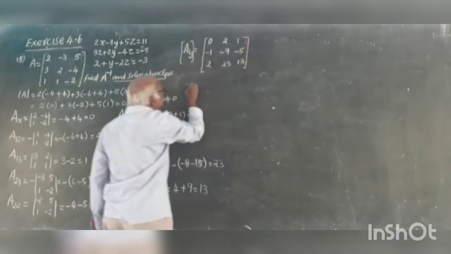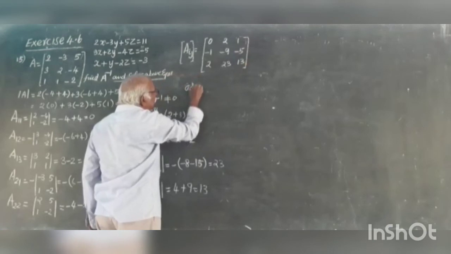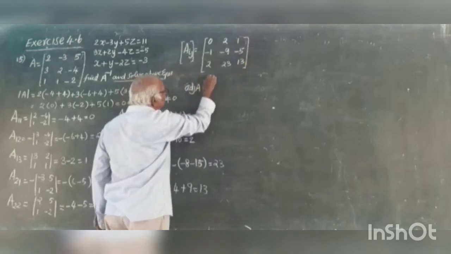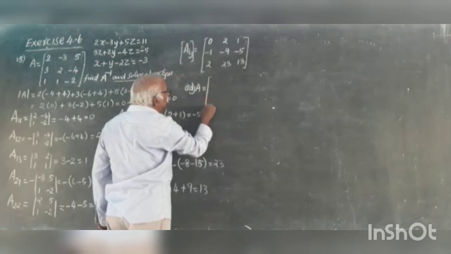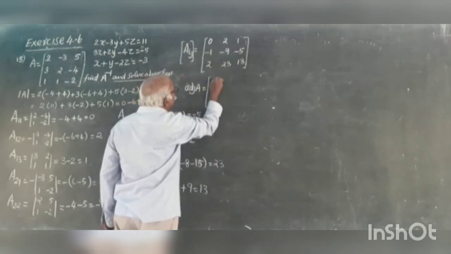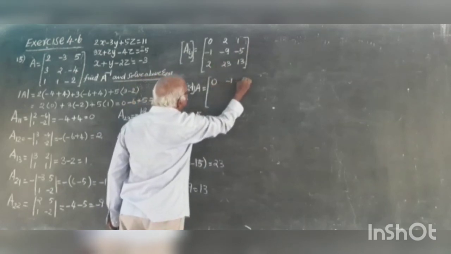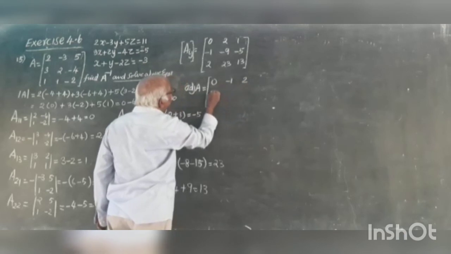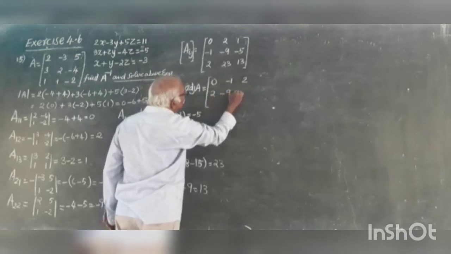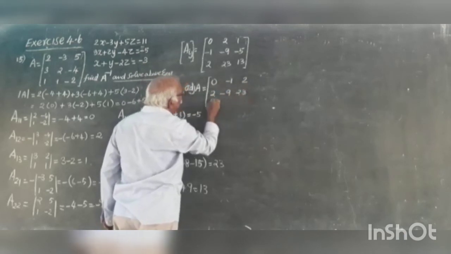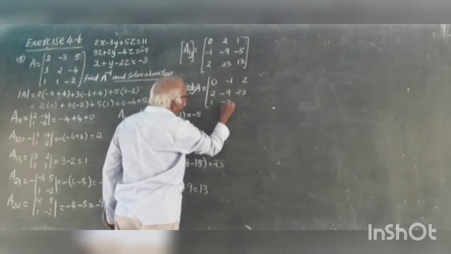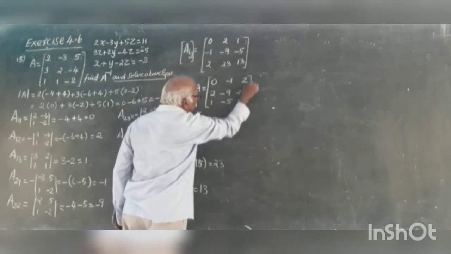Then find adjoint A. Adjoint A is equal to the transpose: 0 minus 1 2, 2 minus 9 23, 1 minus 5 30.